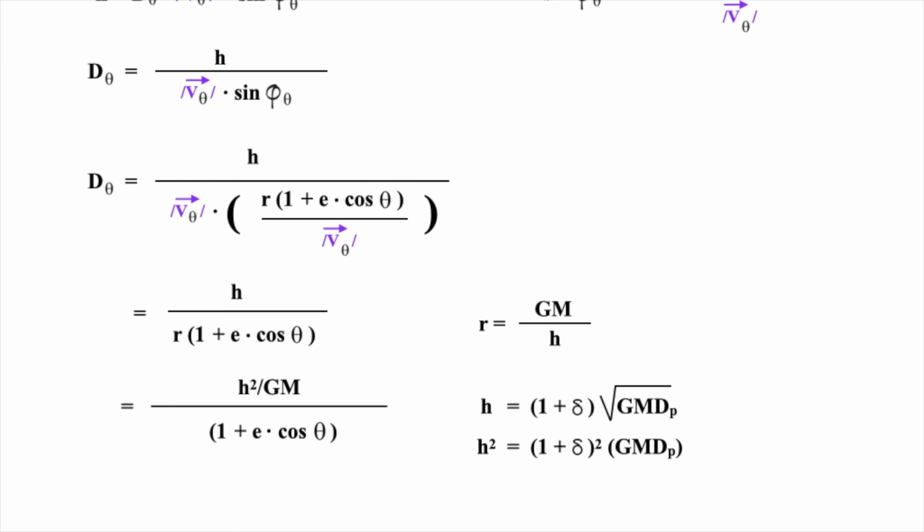Now recall that earlier we made a choice to simplify an expression that involves delta, and in this case the quantity 1 plus delta squared is simply 1 plus e. So h squared equals the quantity 1 plus e times g times m times d sub p. Substituting for h squared, we get the exact formula for d theta that we were expecting to get if the orbit is an ellipse.